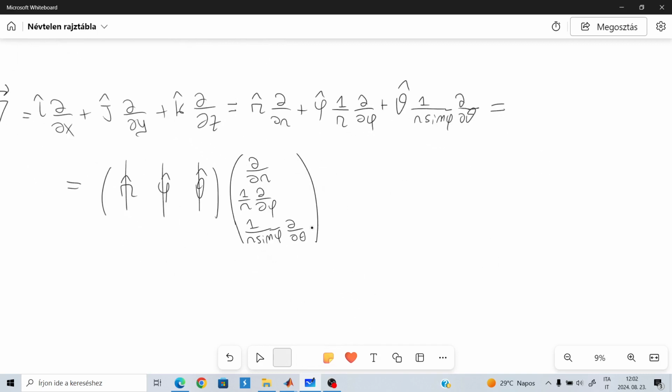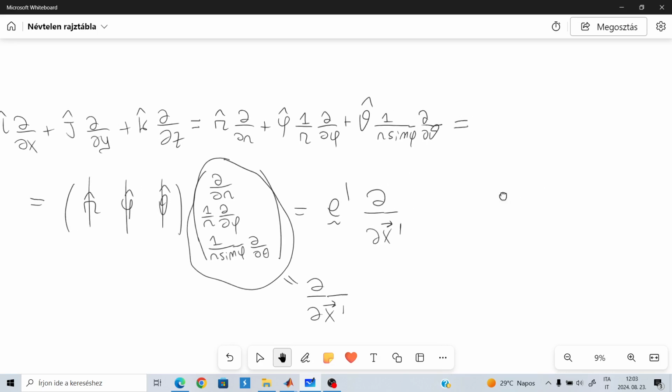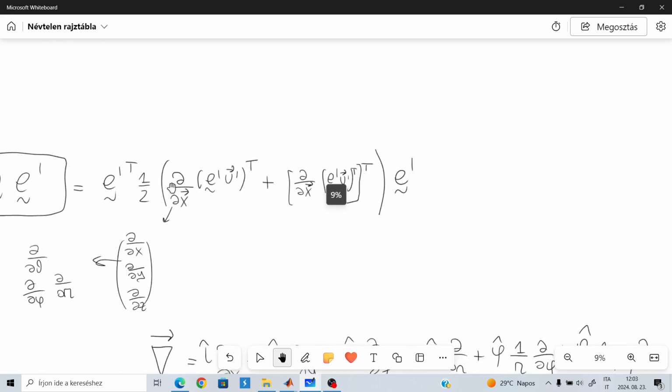And what is this? So this can be written in the following form. In particular, it is e tilde prime, and then we have the operator d over dx prime. So I define basically this vector as d over dx prime. So I can substitute this expression in here.